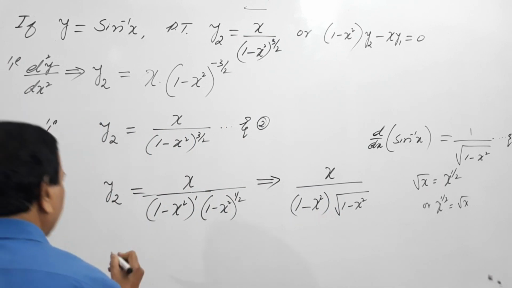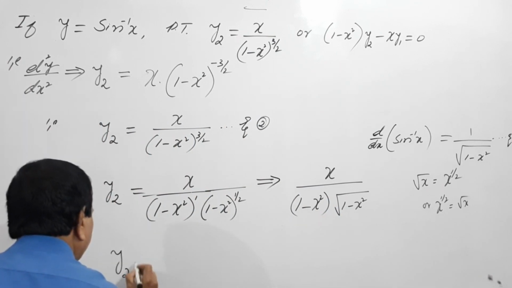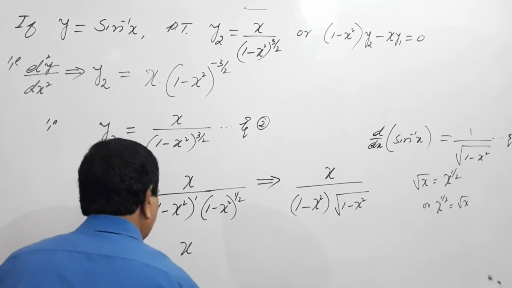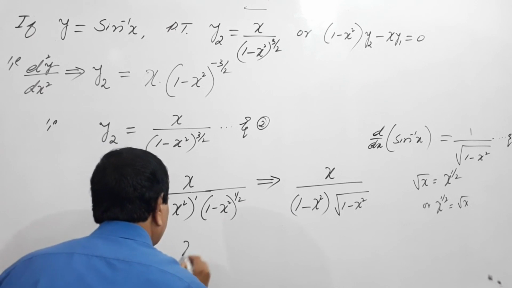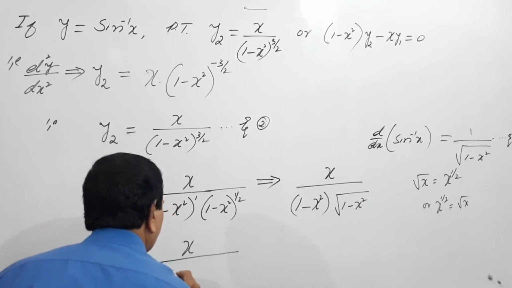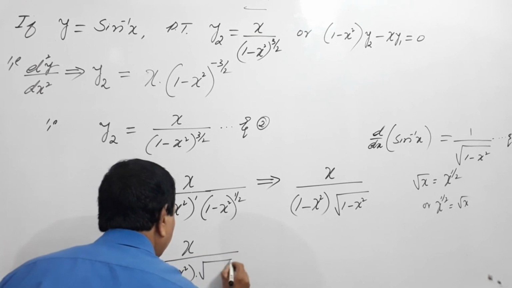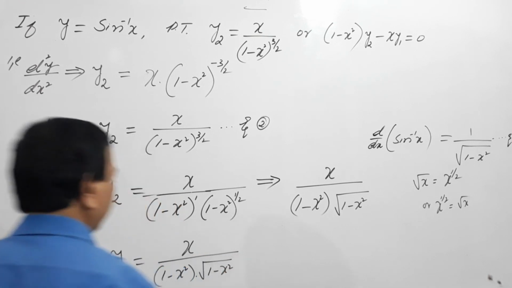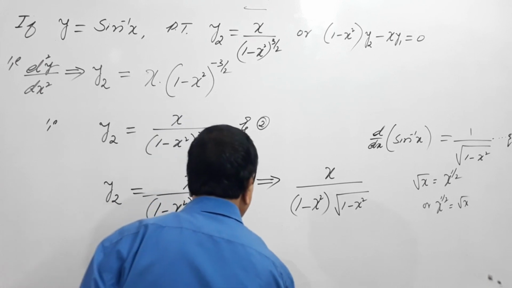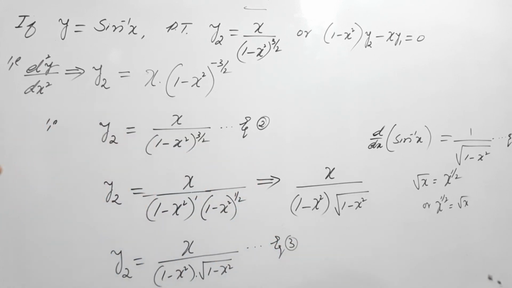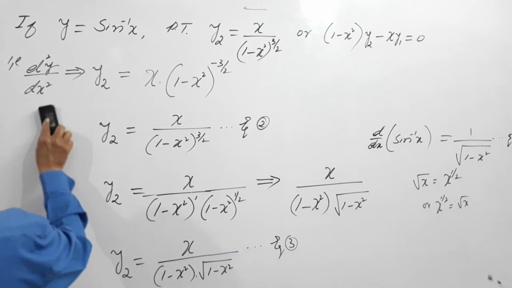So y2 equals x by 1 minus x square into under the root 1 minus x square, right? I call this equation 3. Okay, I'll rub this.